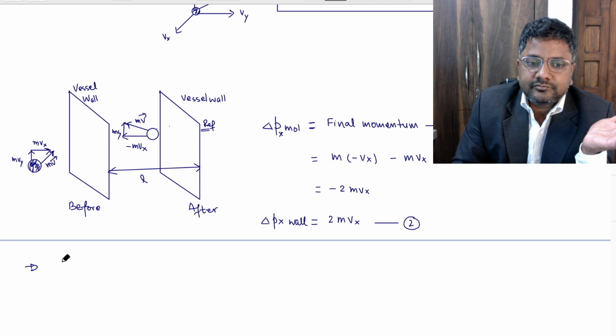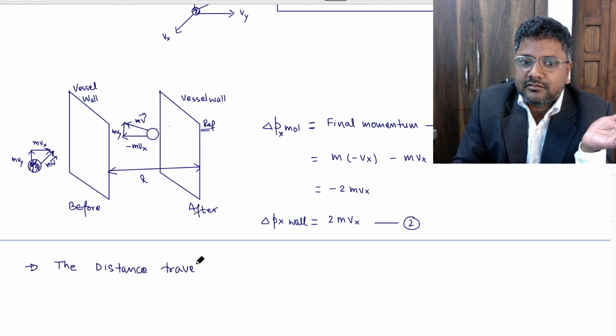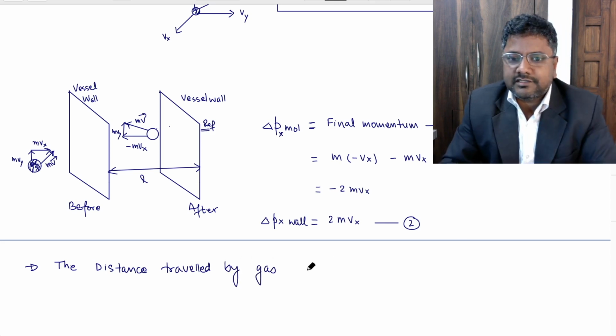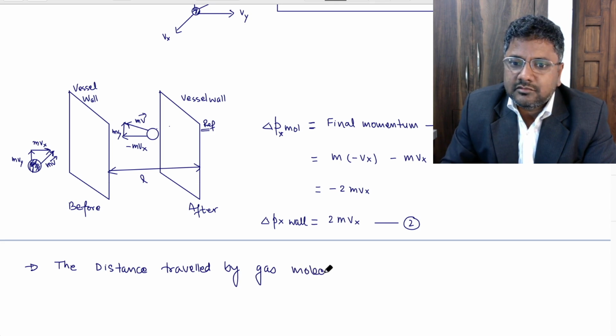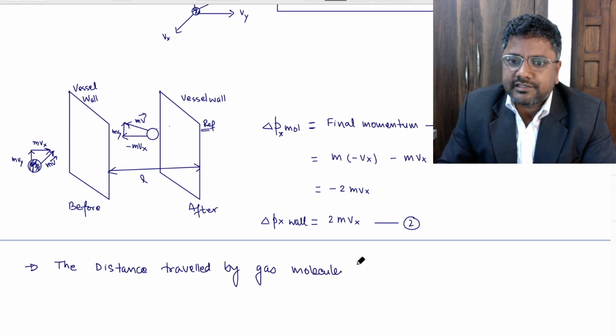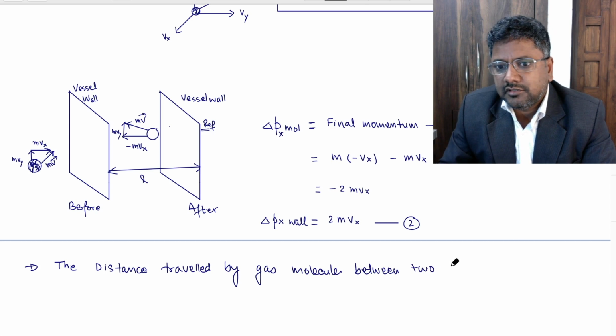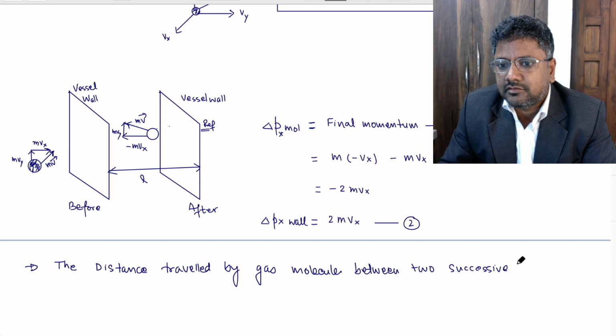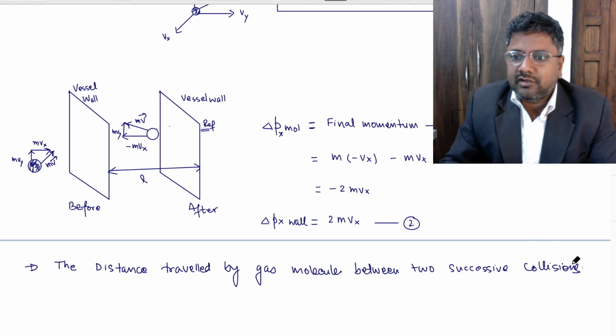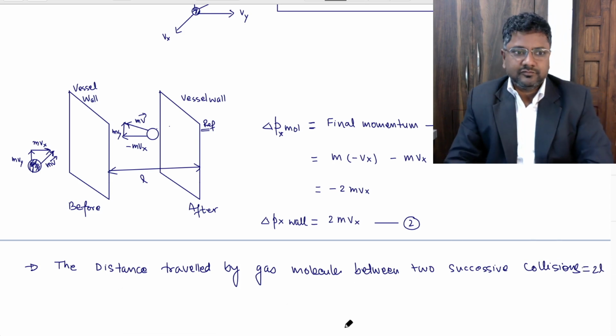The distance traveled by a gas molecule between two successive collisions is equal to 2L, right?